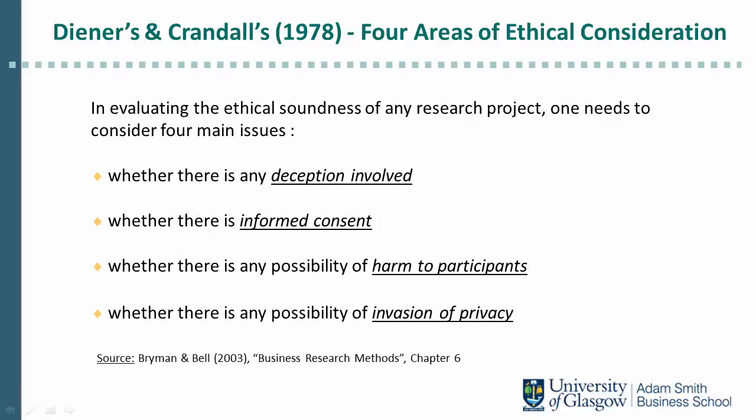Although these four areas can be seen to overlap to some extent, they do form a useful classification of ethical principles in and for research, and therefore need to be specifically examined, and we will do this in turn.